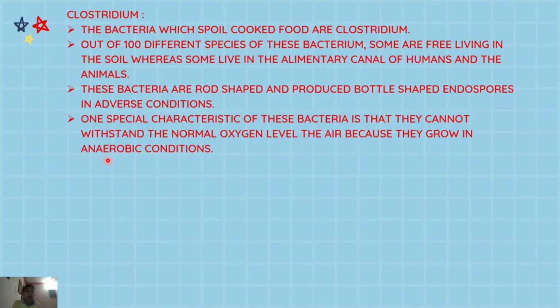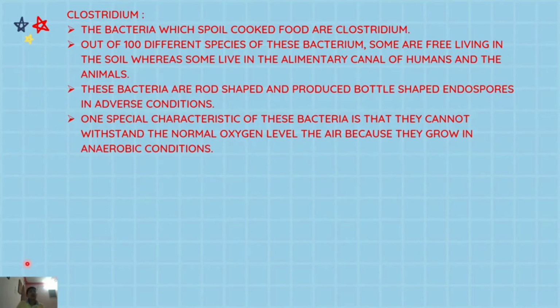They perform anaerobic respiration, they produce energy in this particular way, so they do not use oxygen for their survival. So they cannot live in the presence of oxygen. So this is about Clostridium.